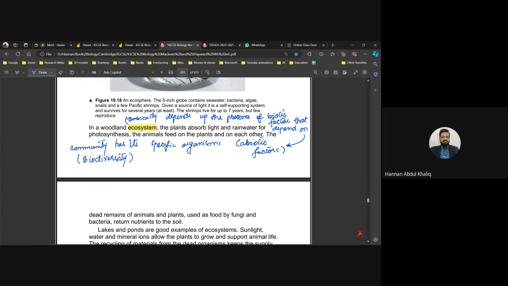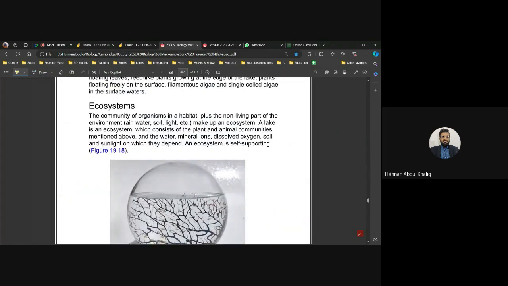But remember that all of us are basically depending upon the abiotic factors of an ecosystem. So the abiotic plus biotic would make an ecosystem, and every ecosystem has its own biotic and abiotic factors. I guess you have understood it now.